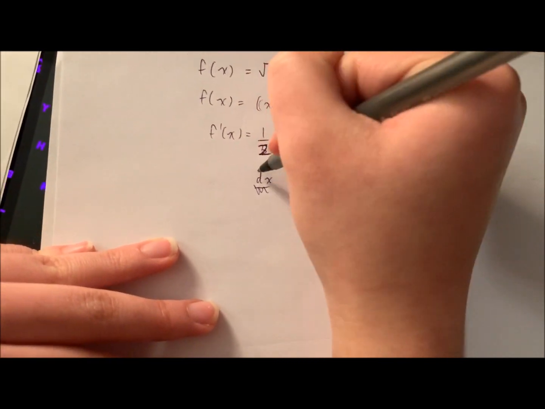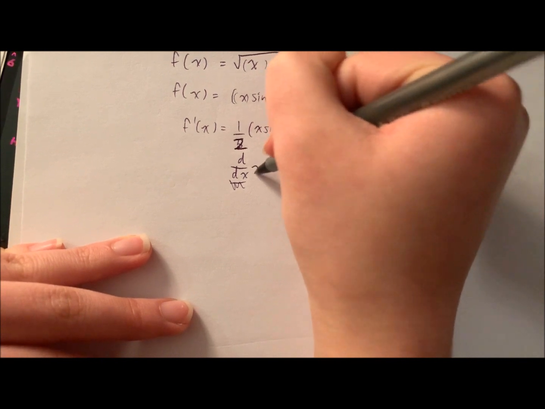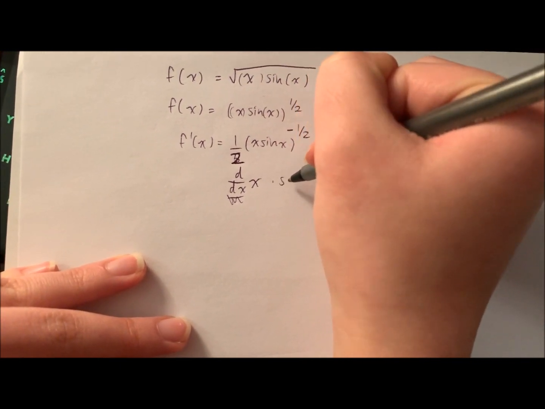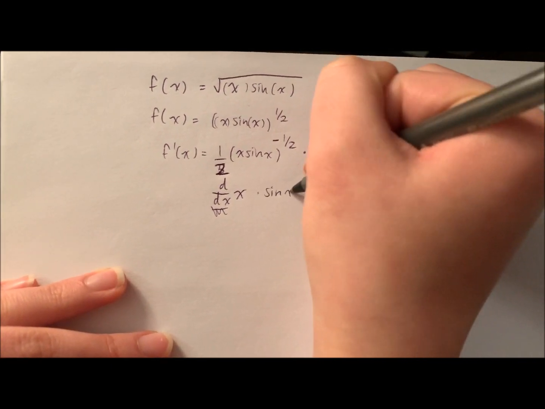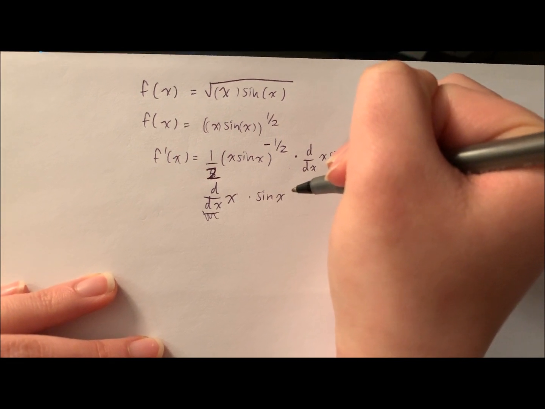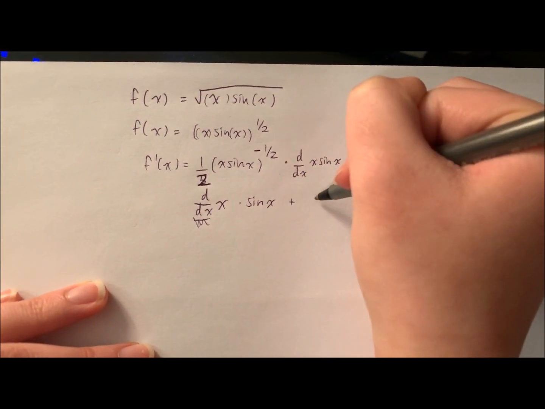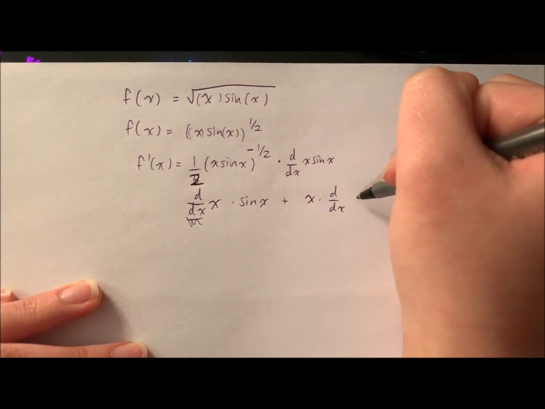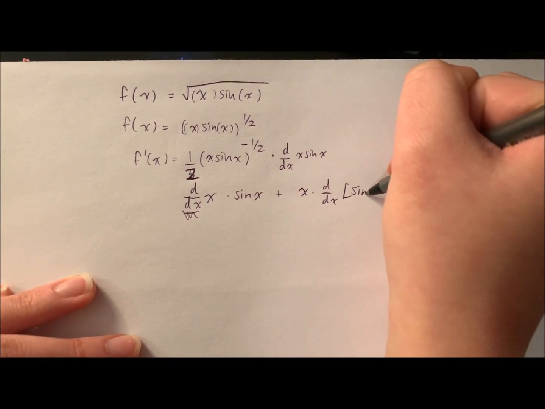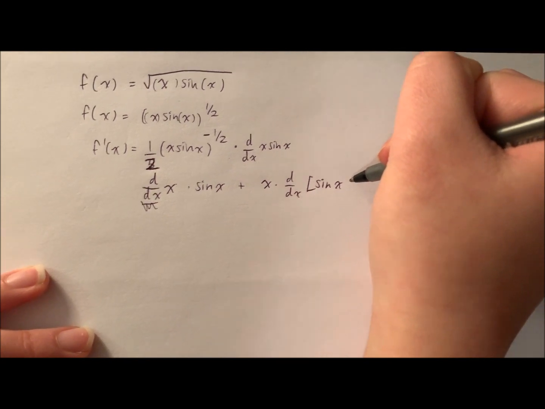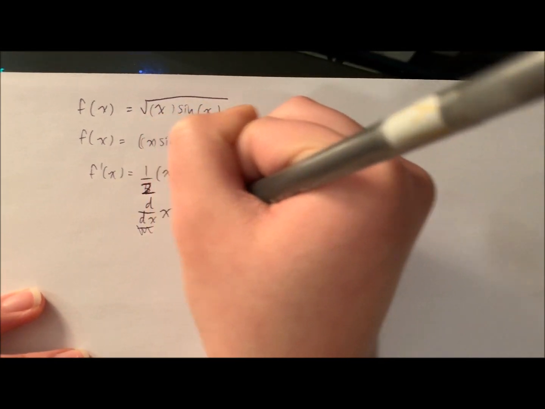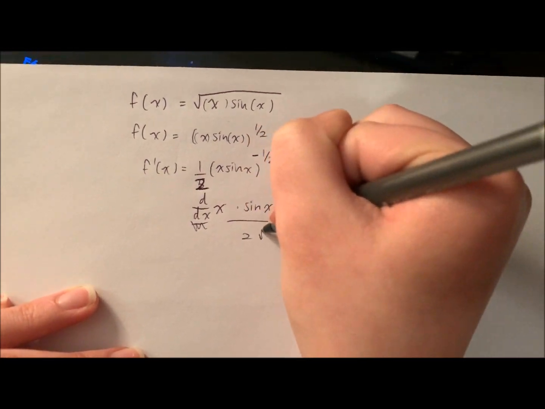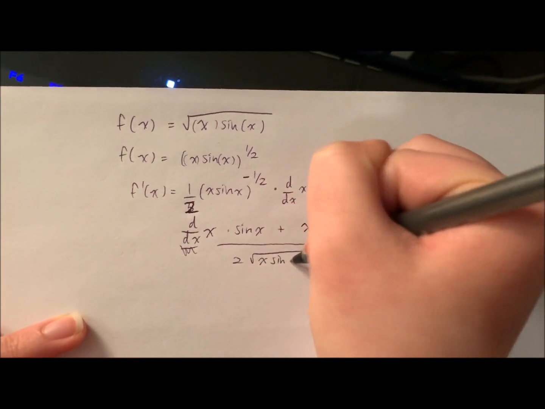Okay, we're gonna go like that. Derivative of x times sine x plus x and derivative of sine x, all over 2x sine x.